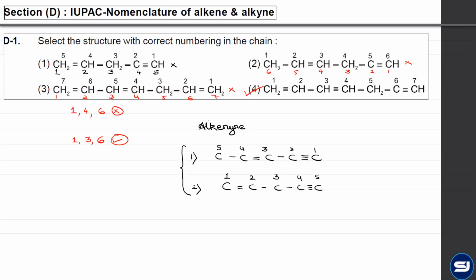Yes, sir. I hope you remember the rules. So with 7 carbon atoms, the alka will be hepta. With 2 double bonds, it will be diene, and with 1 triple bond, it will be yne. And fill in the positions. 1, 3, and 6. हो गया nomenclature. Hepta-1,3-diene-6-yne.